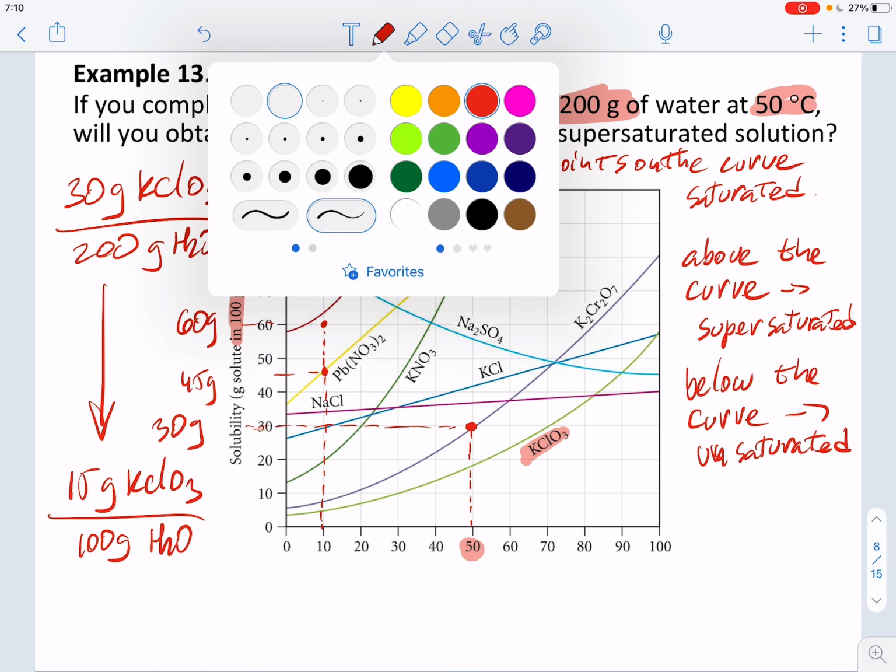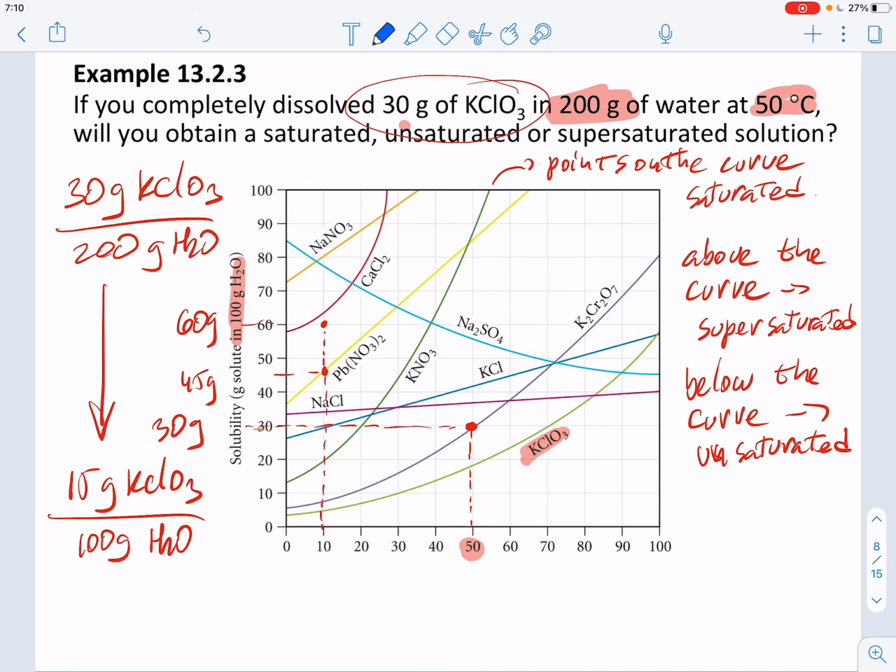And if we look at 15 here, which is right about there, we are just below the curve. Okay? So that means that 15 grams of potassium chloride in 100 grams of water at 50 degrees is actually an unsaturated solution.